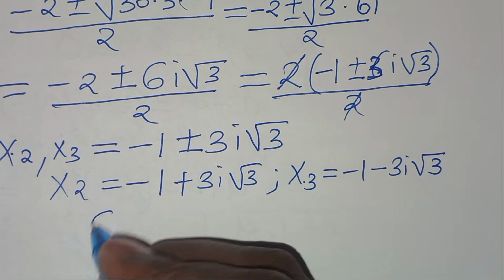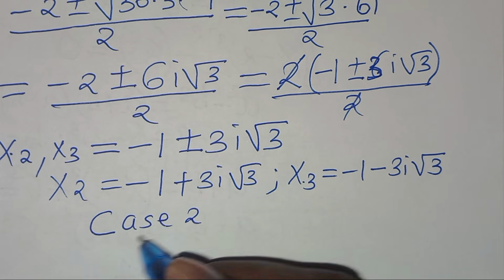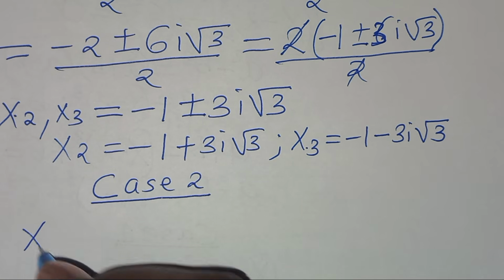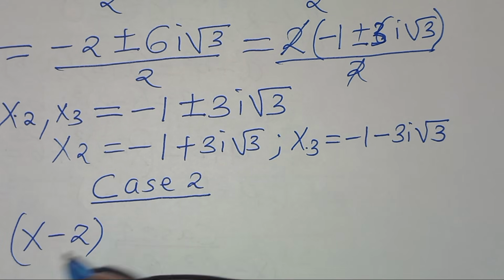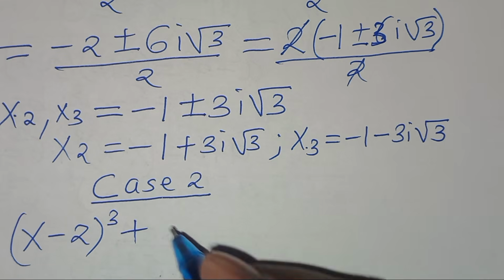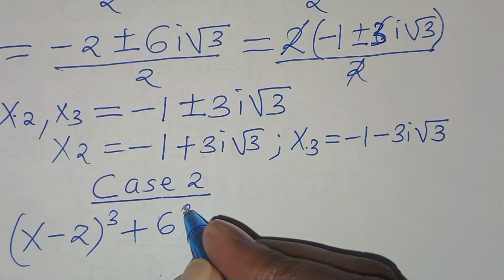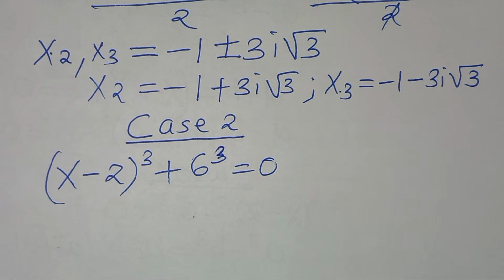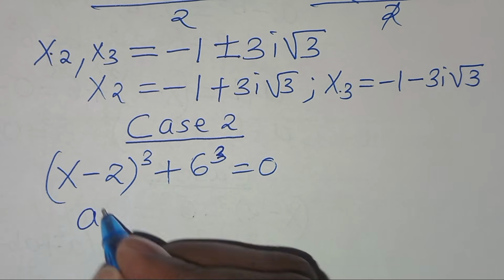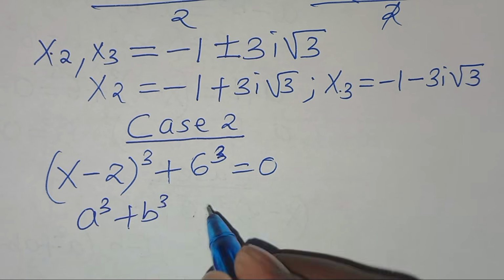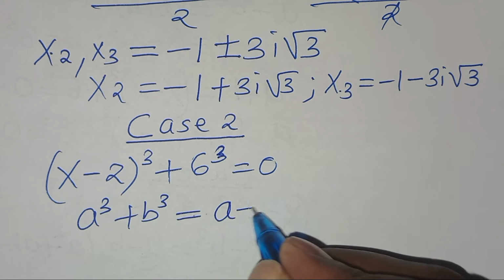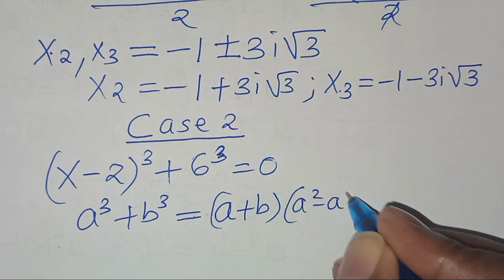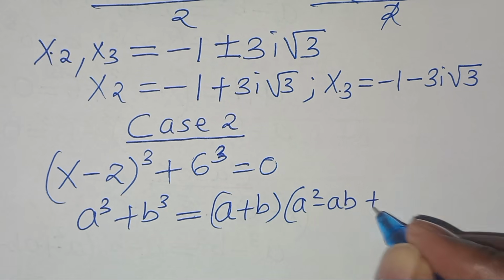So let's solve case 2 here. For case 2, we have x minus 2 to power 3 plus 6 to power 3. This is equal to 0. Now this is actually in the form of a to power 3 plus b to power 3, the sum of two cubes, which we can express as a plus b, a squared subtract a times b plus b squared.